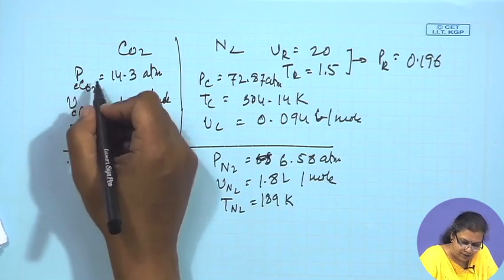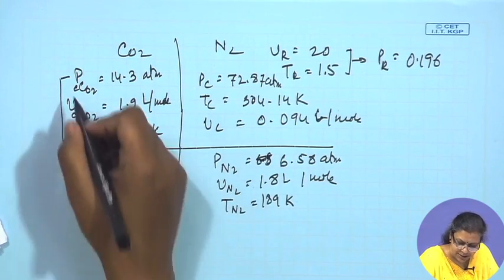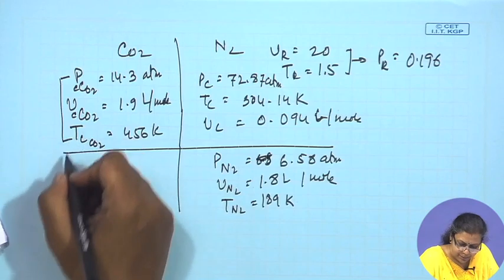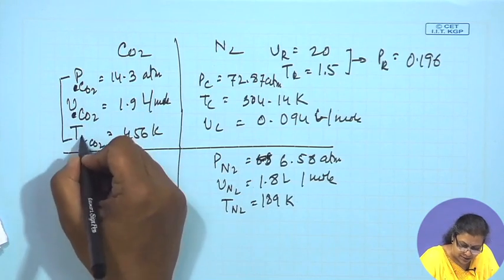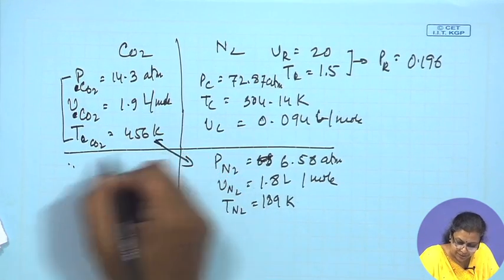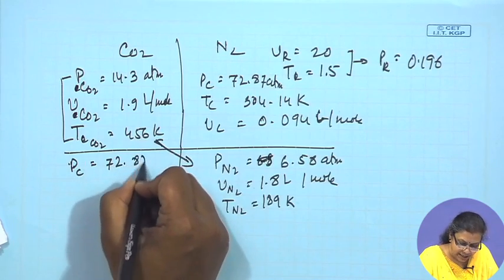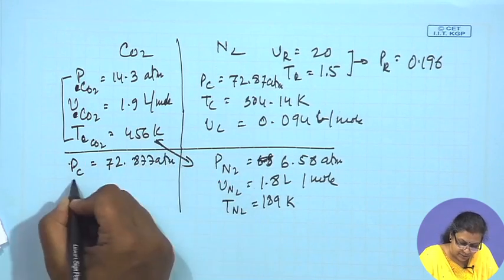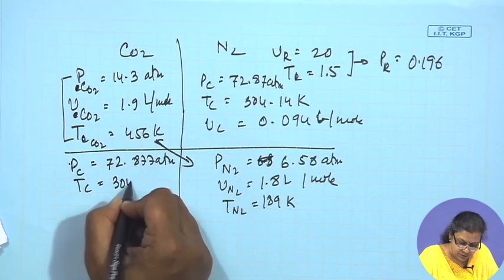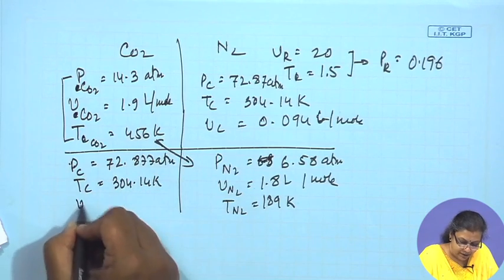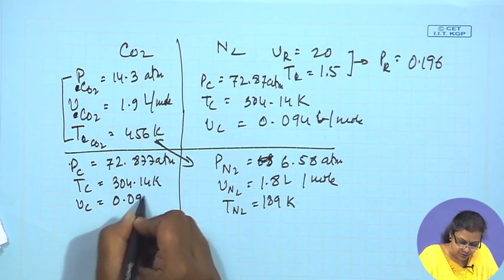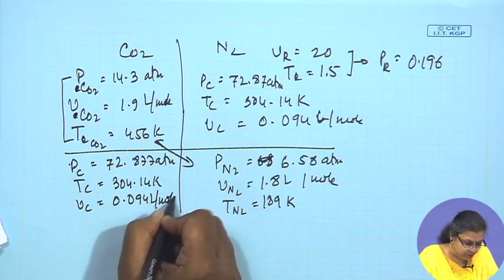I am sorry, these were the corresponding states, I am extremely sorry. The PC, VC and TC for CO2 are 72.877 atmospheres, 304.14 Kelvin, and 0.094 liters per mole.